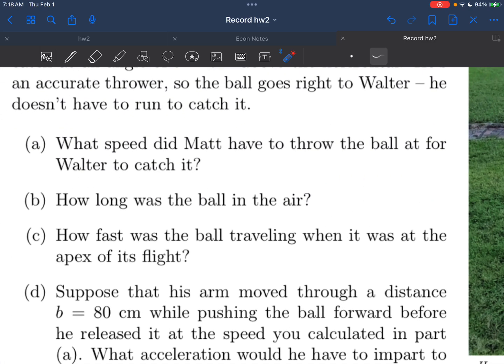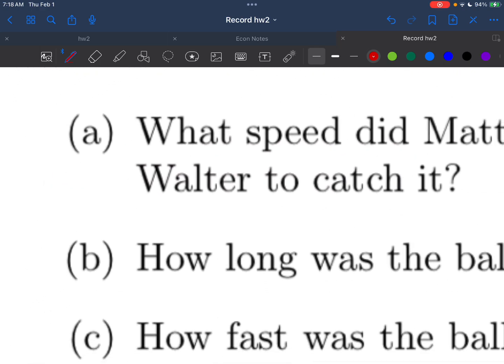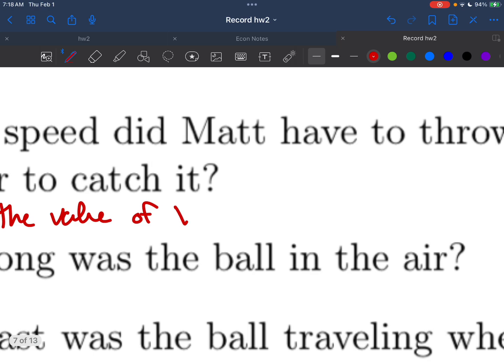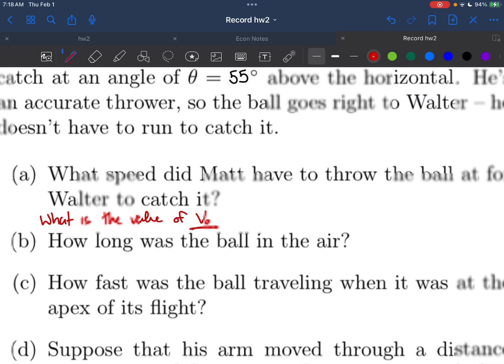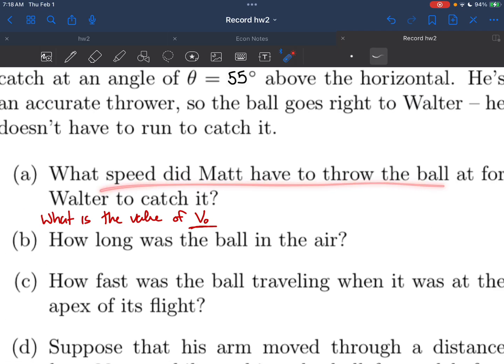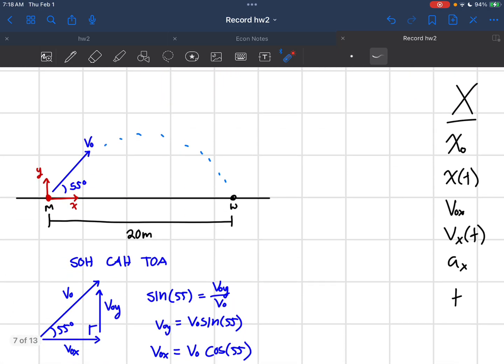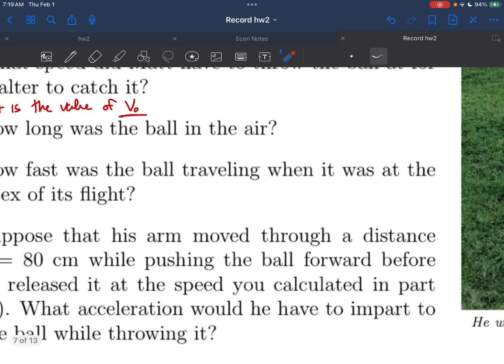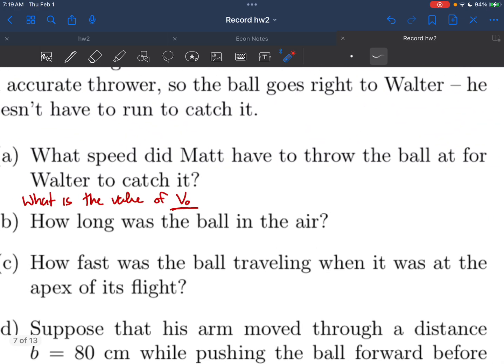So when we're asked, what speed did Matt have to throw the ball at for Walter to catch it, what I'm solving for is the value of v naught, right? That's my first blank, because what speed do I have to throw it at? What is my initial velocity so Walter can catch it?